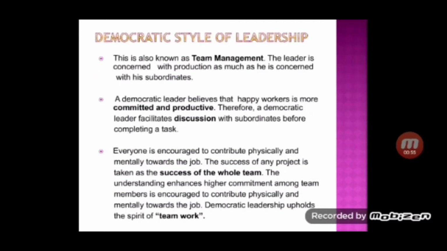This is also known as team management. The leader is concerned with the production as much as he or she is concerned with his or her subordinates. A democratic leader believes that happy workers are more committed and productive. Therefore, a democratic leader facilitates discussion with his or her subordinates before completing a task.